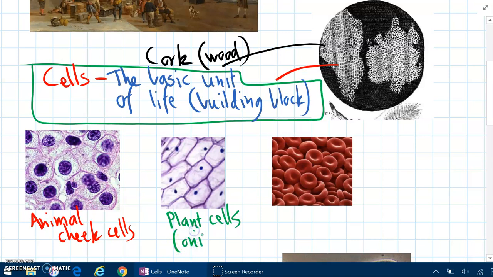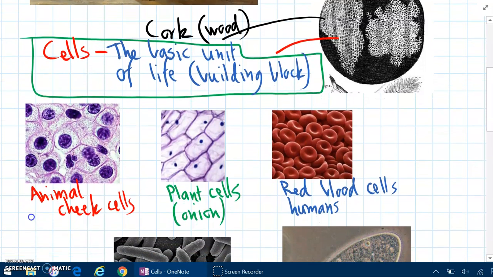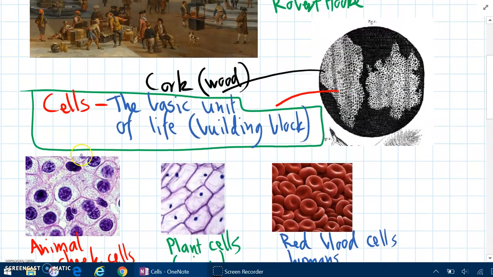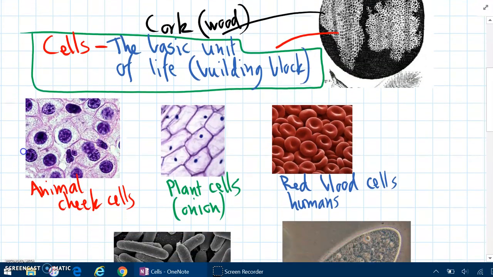If you slice a really thin slice of an onion, this is what it looks like. And then you've probably seen these as well. These are red blood cells from humans. So we can see here that all organisms are made up of lots of cells.